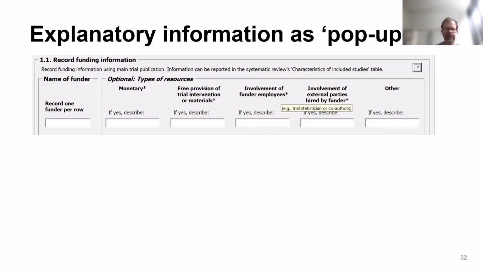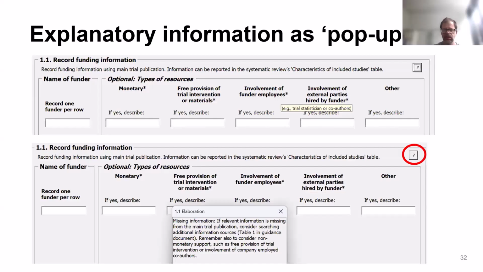Instead, here in the Excel-based version, the information is hidden, but you can then display it with a mouse over for all of the asterisks here, or in the case of the question mark here, you can get additional background information if you click on the question mark. So it makes it simpler compared to the Word-based template, but also actually includes more information than the Word-based template.